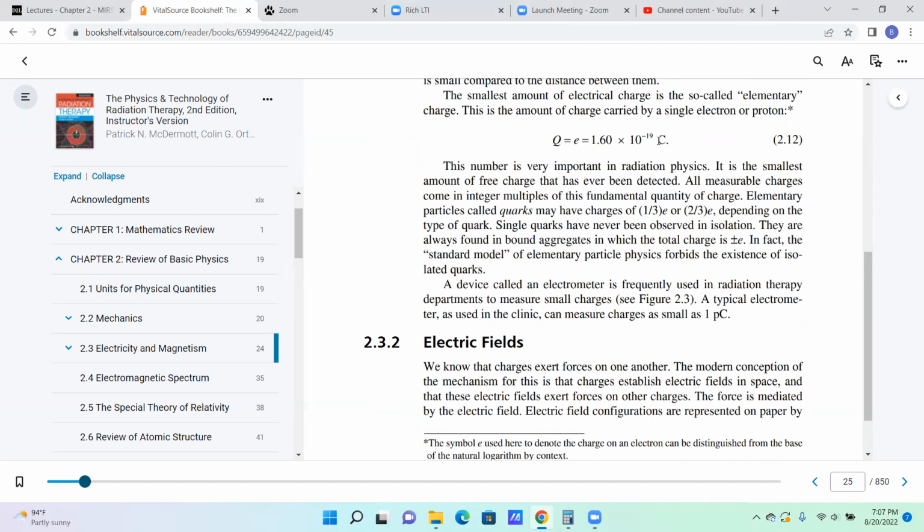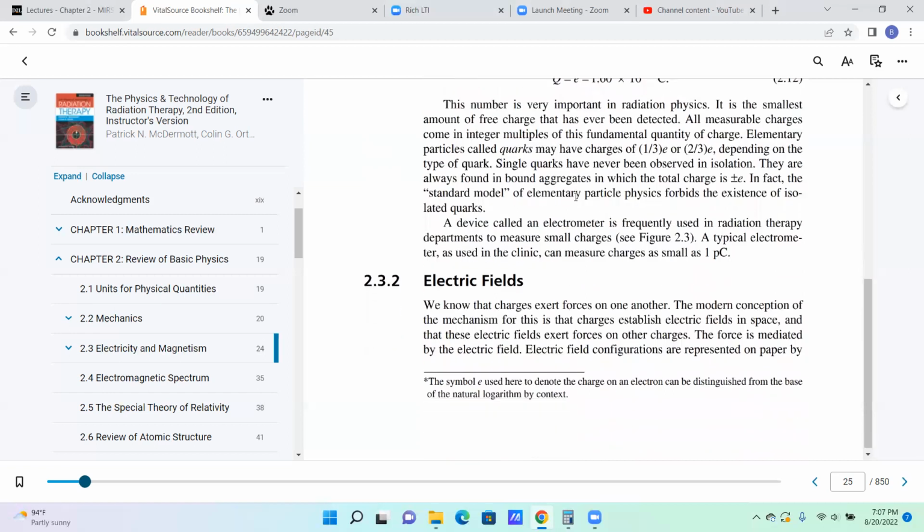The smallest amount of electrical charge is the so-called elementary charge. This is the amount of charge caused by a single electron or proton, and as you can see, it's pretty small. This number is going to be important to us as we study radiation physics. It's the smallest amount of free charge that's ever been detected. All measurable charges come in integral multiples of that fundamental quantity.